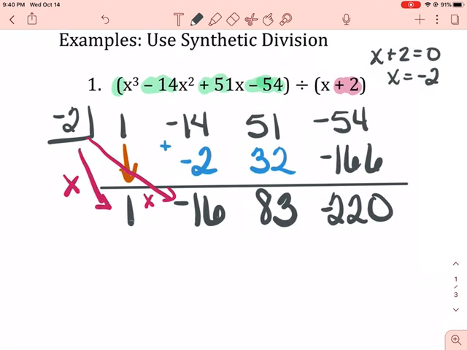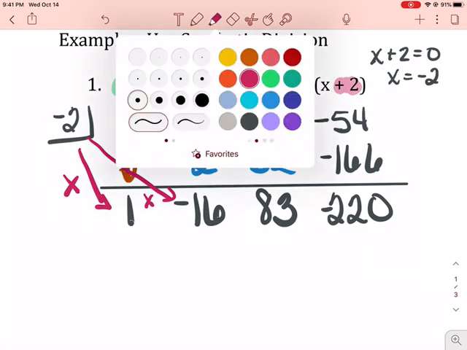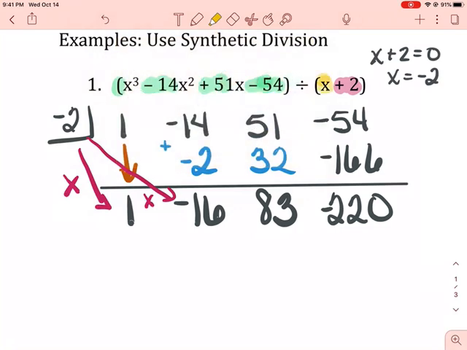Okay, now, these numbers mean something. All right. They are the coefficients of your answer plus the remainder. Okay. Now, why does it work? See, we're going to go back up to the beginning. Okay, I'm going to take this x and this x. If I take x cubed and divide it by x, you're going to get x squared, right? So that means we're going to end up with 1 lower than what we started. Our answer is going to start with x squared.